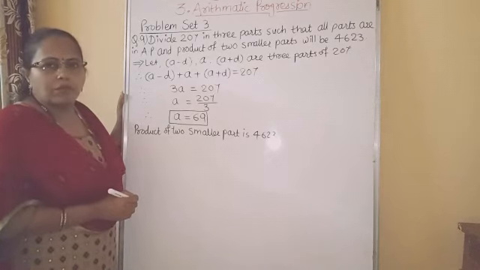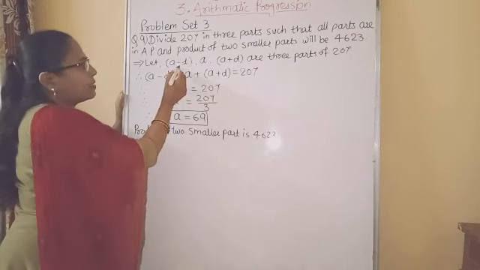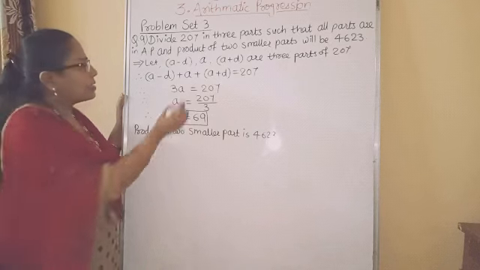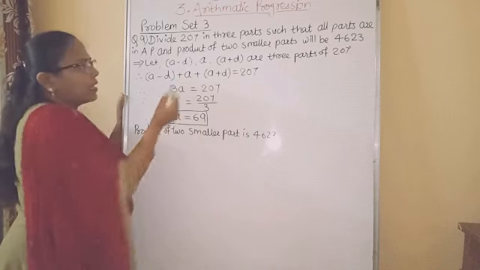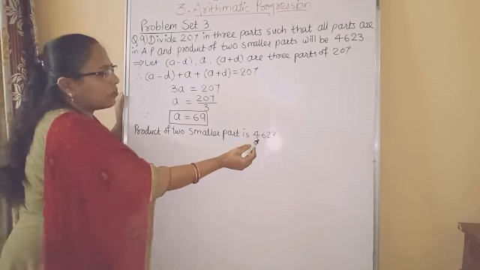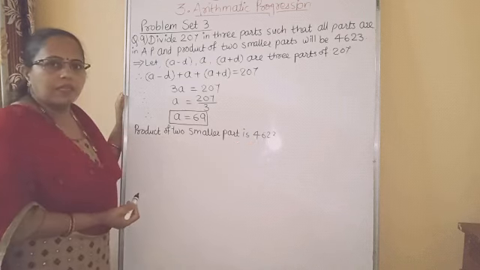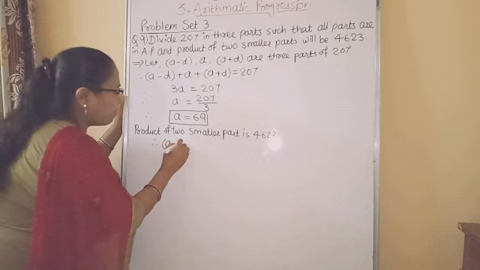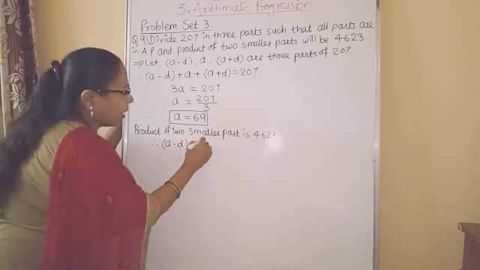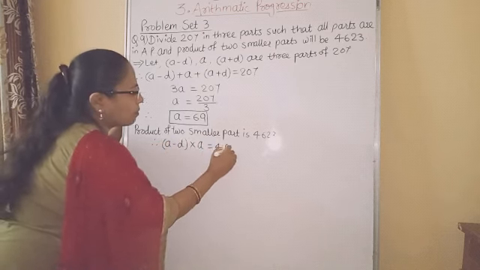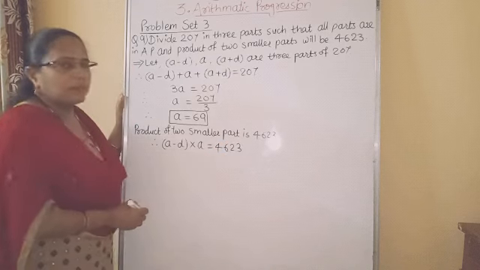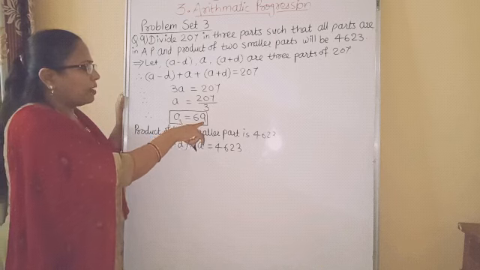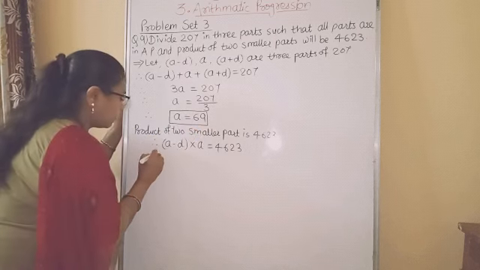Now we know the three parts of 207, A minus D, A and A plus D. So which are the smaller parts? A minus D and A. And their product is 4623. So we will get here equation. Therefore, A minus D into A is equal to 4623. Now here we will substitute value of A, which we got 69.